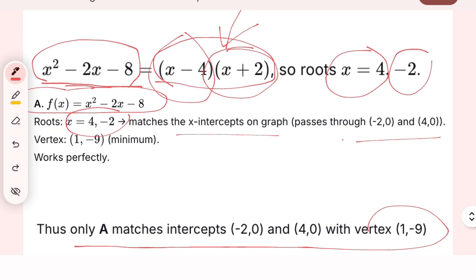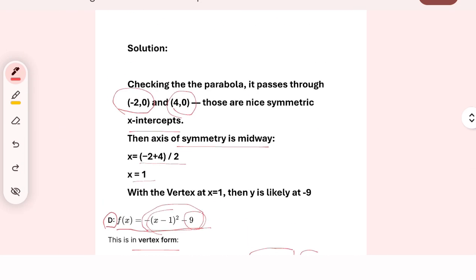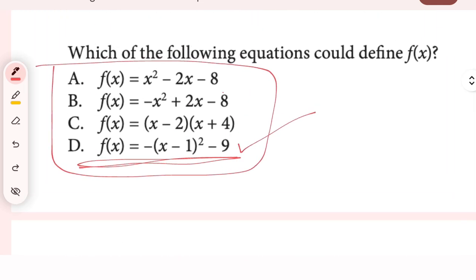Therefore, the only answer is option A, or letter A. The rest of the options are wrong. See in here, these three are wrong, and the only one left is this one. So this is the answer, right? Letter A is the answer.